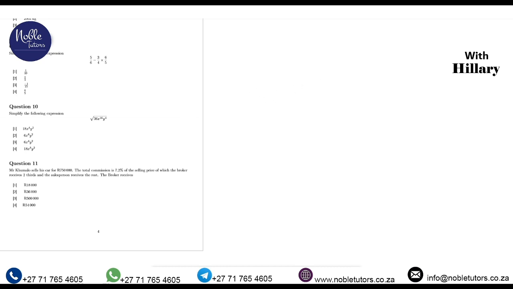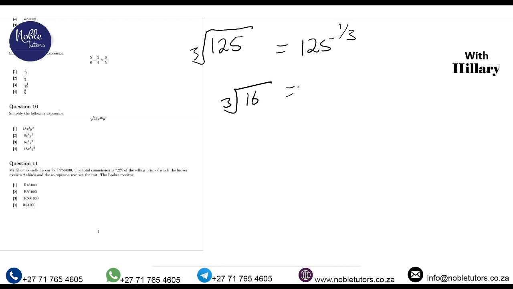If it's a cube root, for example, the cube root of 125 is as good as saying 125 to the power 1 over 3. The cube root of 16 is as good as saying 16 to the power 1 over 3.